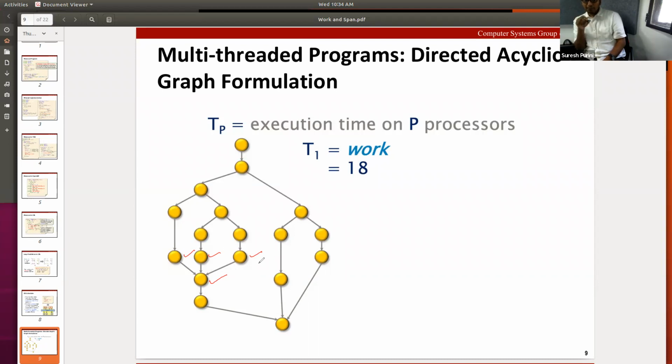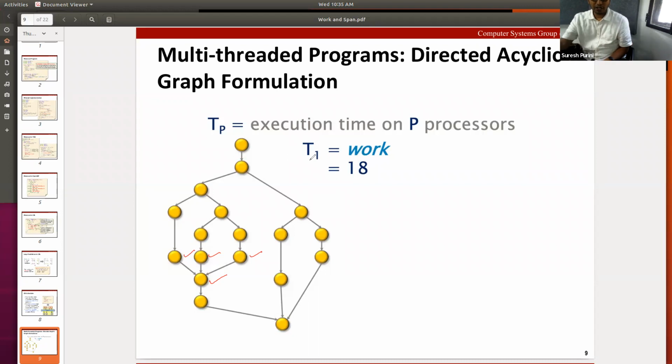For the sake of simplicity, we can assume that the amount of work done in each of these nodes is equal to 1 unit. It may not be the case, but let's assume that. T1 is the time taken to execute this program, having this dependency structure, on a single core processor.